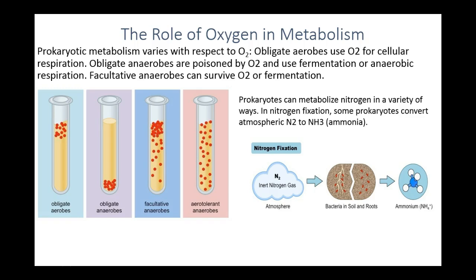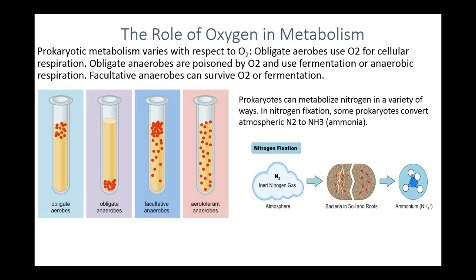And then on the right, some prokaryotes can metabolize nitrogen in a variety of ways. One of the reasons why farmers will plant certain things in their fields is because they fix nitrogen into the soil.